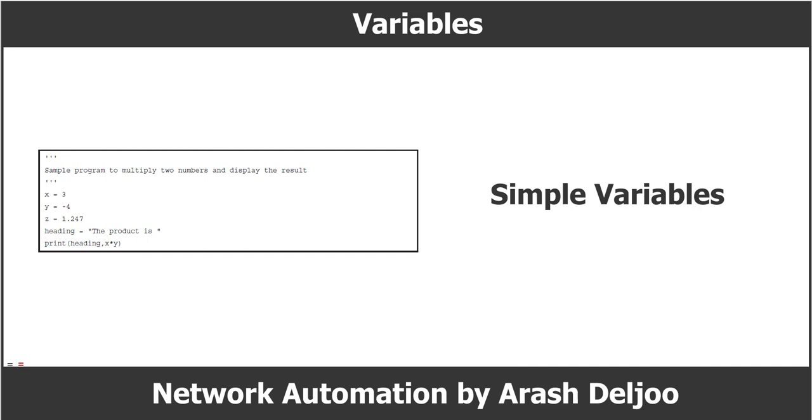The Python language is the most popular language today for writing network automation applications. These programs begin with a comment, the top 3 lines with triple single quotes, as you can see here: sample program to multiply 2 numbers and display the result. This program begins with the comment and then creates 4 variables, assigning them different values, and prints a line of output.